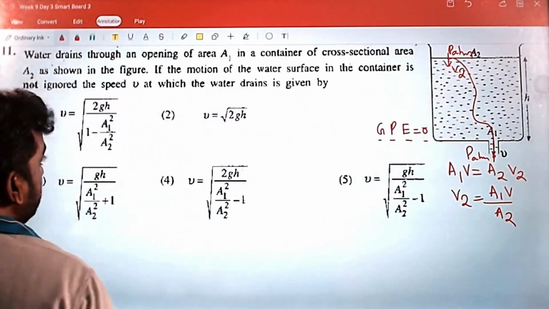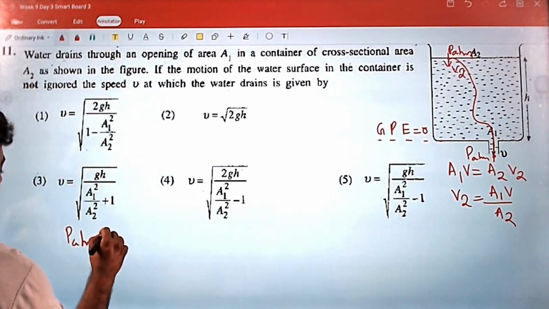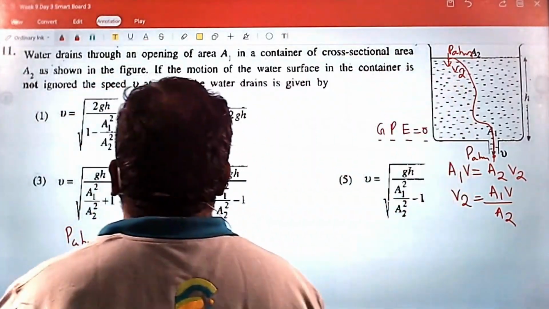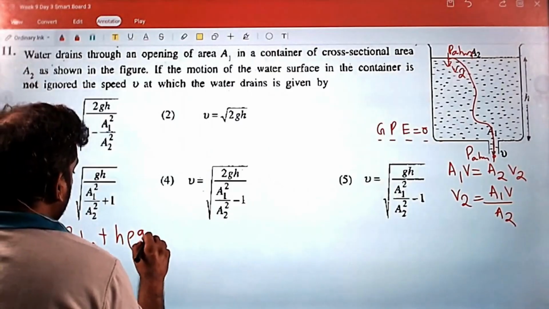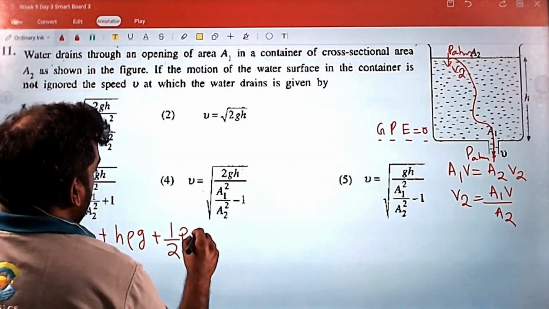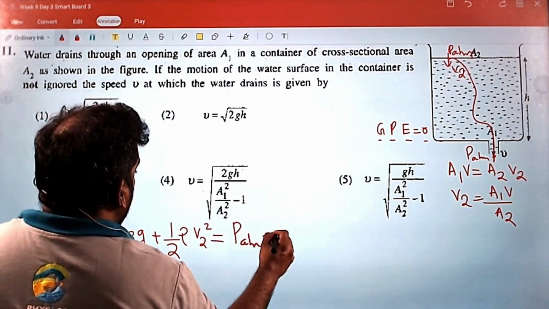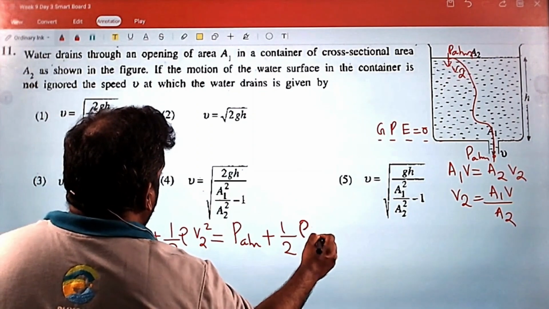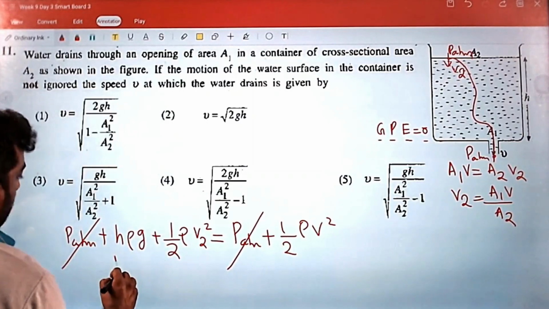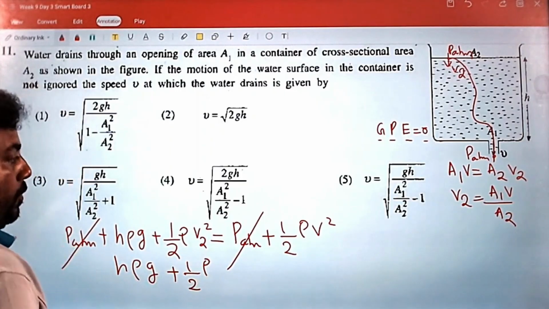By applying Bernoulli principle, very good. P atm plus the height there is simply h, so h rho g, plus half rho times the velocity v2 squared at the bottom, equals P atm plus half rho v squared. P atm cancels off. Here rho g h, half rho. What is v2 squared?